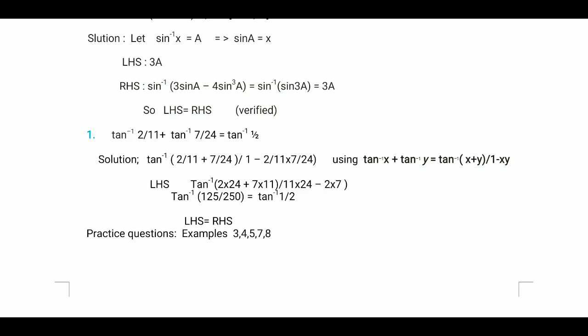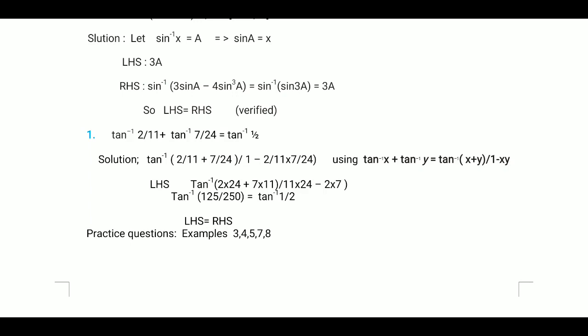So the left hand side becomes tan inverse 2 upon 11 plus 7 upon 24 upon 1 minus 2 upon 11 into 7 upon 24. After calculation, we get tan inverse 2 into 24 plus 7 into 11 by 11 into 24 minus 2 into 7.